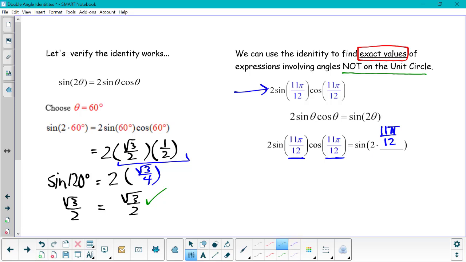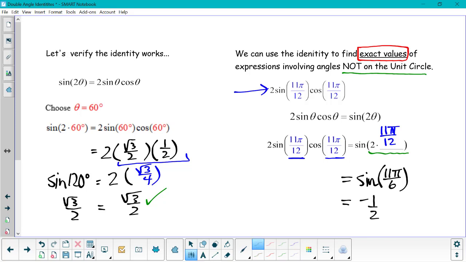When I simplify inside the parentheses, 2 times 11 pi over 12 is 11 pi over 6. And I know the sine of 11 pi over 6 is negative 1/2.